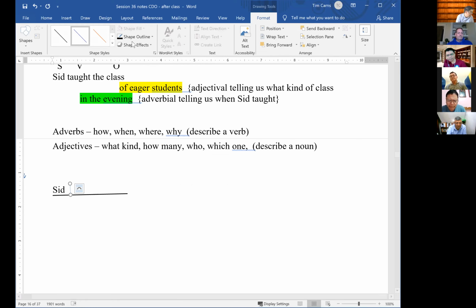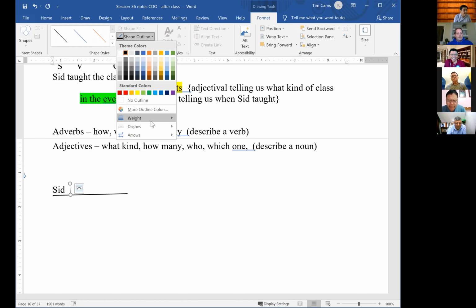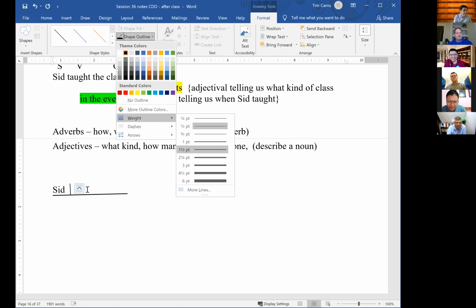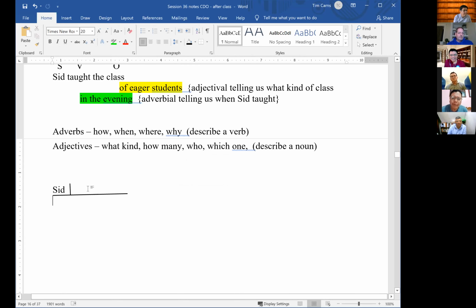Yes, Pastor Tim. Okay. Sorry, I don't like line diagrams. I think they're really helpful if you're identifying parts of speech, but okay, so here. So Sid taught, and then depending on if it's a direct object, I think it's like this, right?